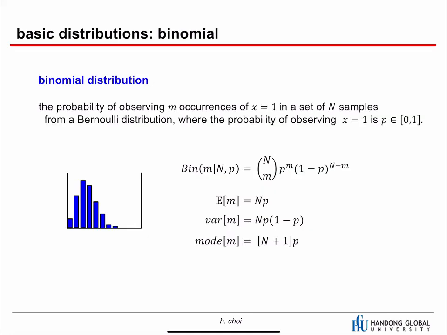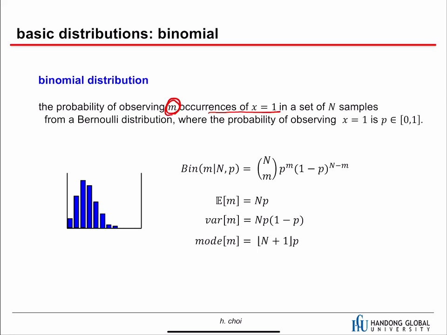And the binomial distribution is actually the probability of observing m occurrences of x equal to 1. It's basically based on the Bernoulli distribution, but we toss n times, and then we are interested in the probability of how many times we get head. So what is the probability that we get m times head?